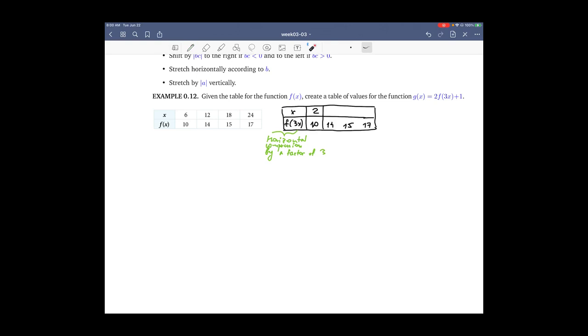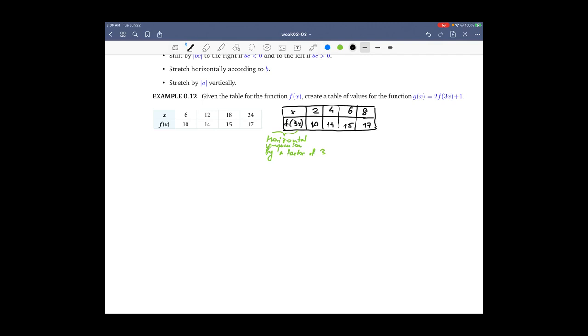So instead of taking 12 seconds, it'll now take only 4 seconds to get to 14, and instead of 18 seconds to get to 15, it'll take 6 seconds, and instead of 24 seconds to get to 17, it'll now get 8 seconds. That is f of 3x. The rest is very simple.